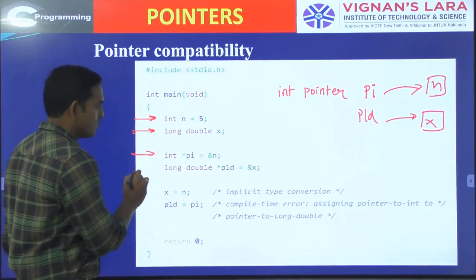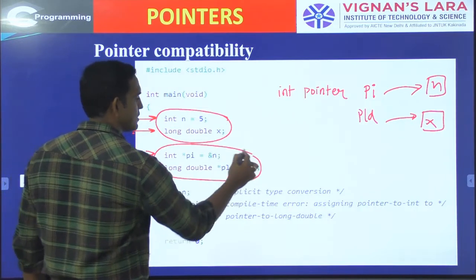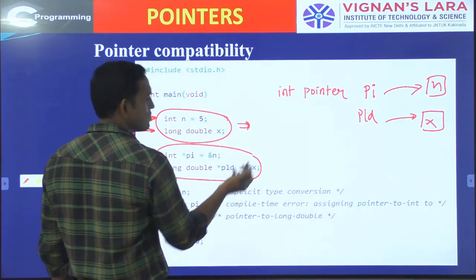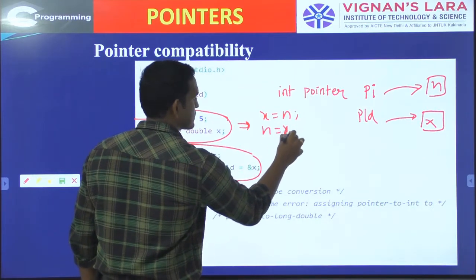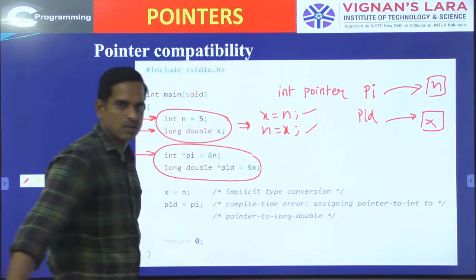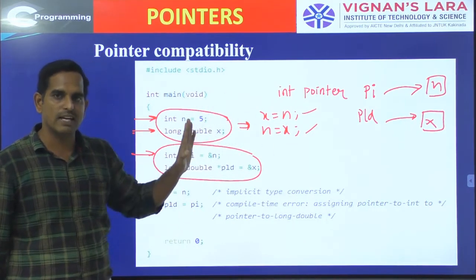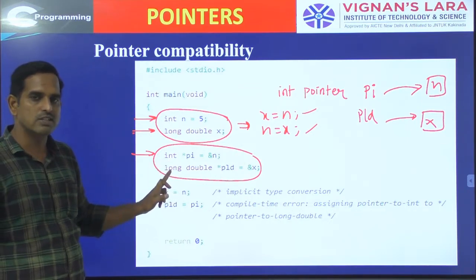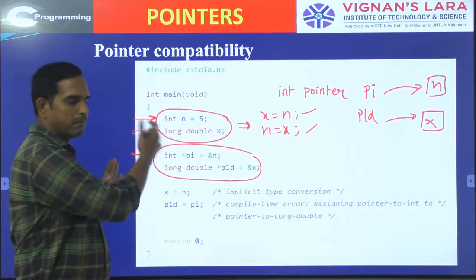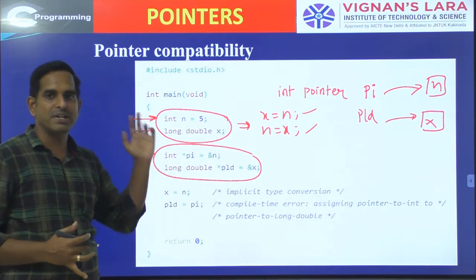Now, these are general variables, and these are pointer variables. For the general variables, you can perform x is equal to n, or n is equal to x, both are valid statements. But when you go to compatibility of pointers, you cannot assign one pointer to another.